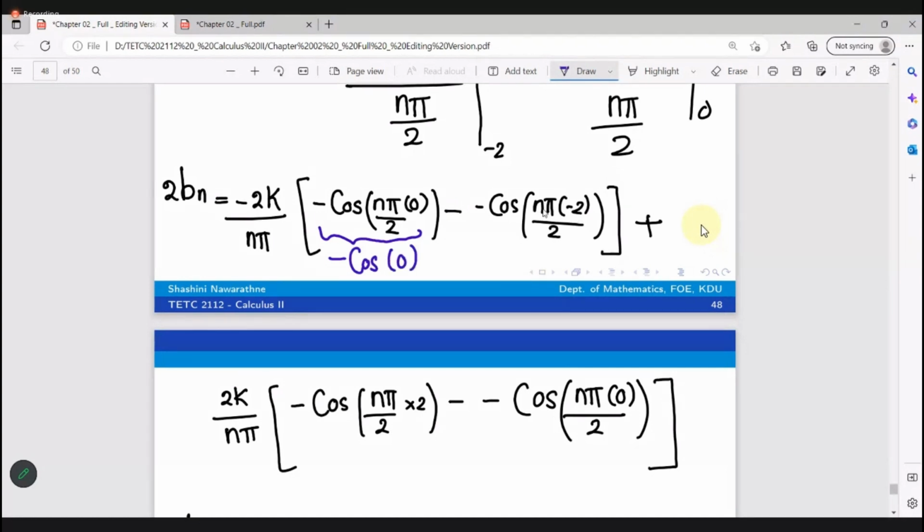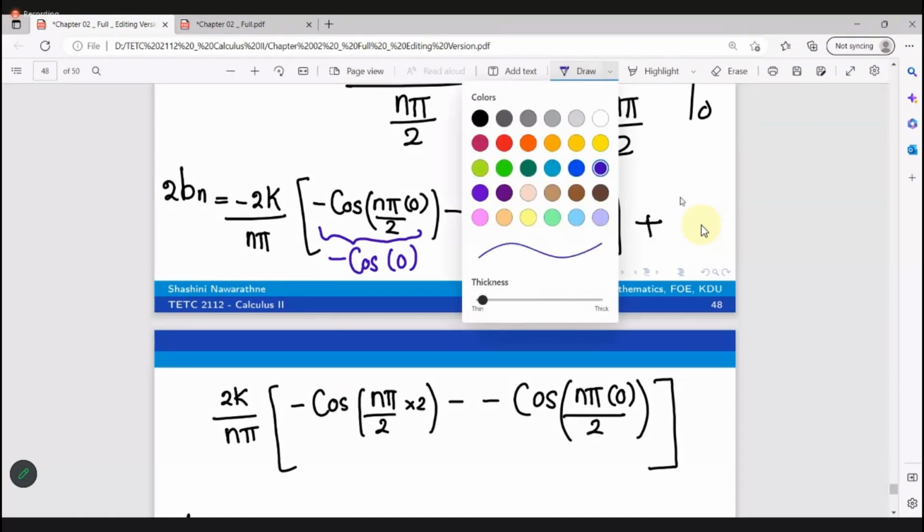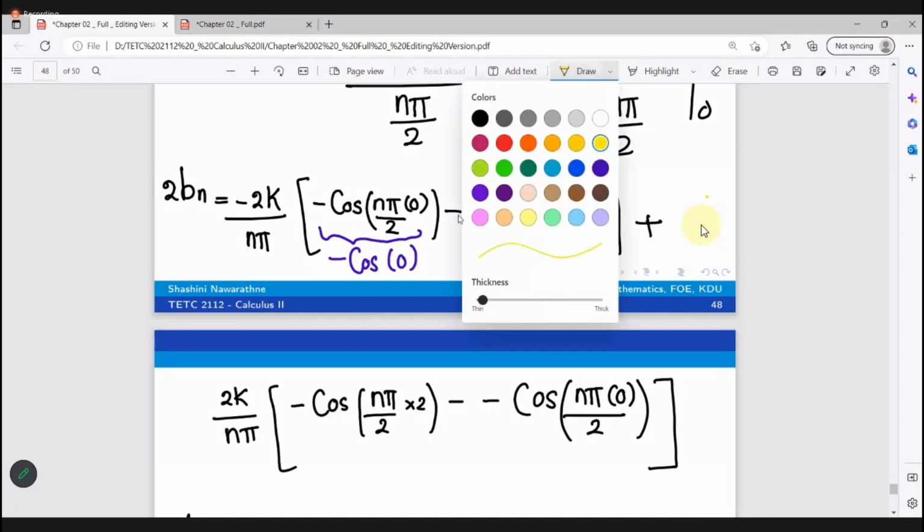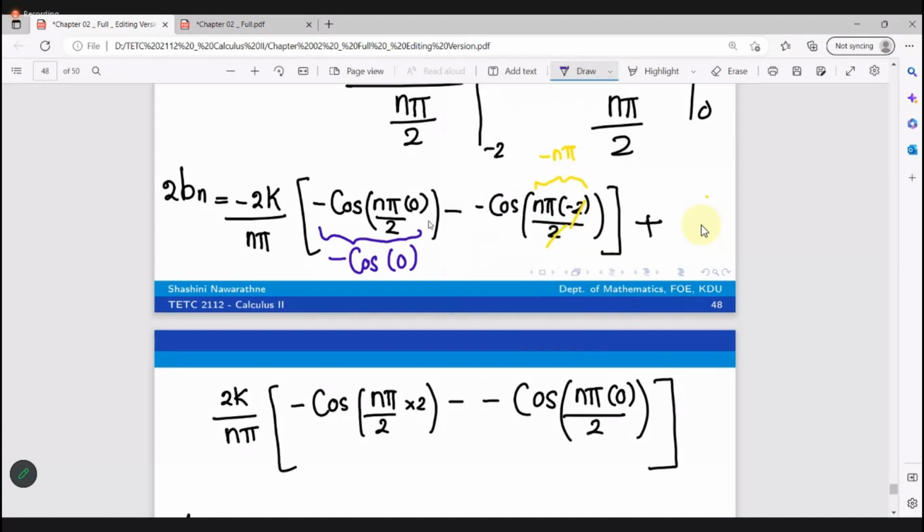And here n phi minus 2 over 2, so here we can see that this 2 to 2 cancel out. So what is the remaining part inside this bracket? Minus n phi. So here minus and minus, if we multiply minus by minus, it is plus cosine minus n phi.